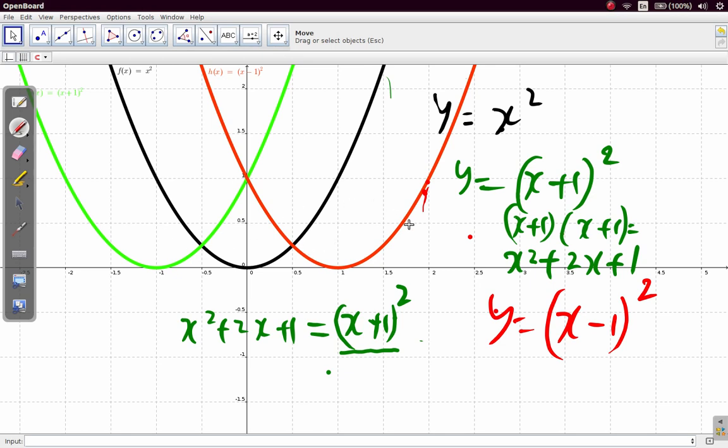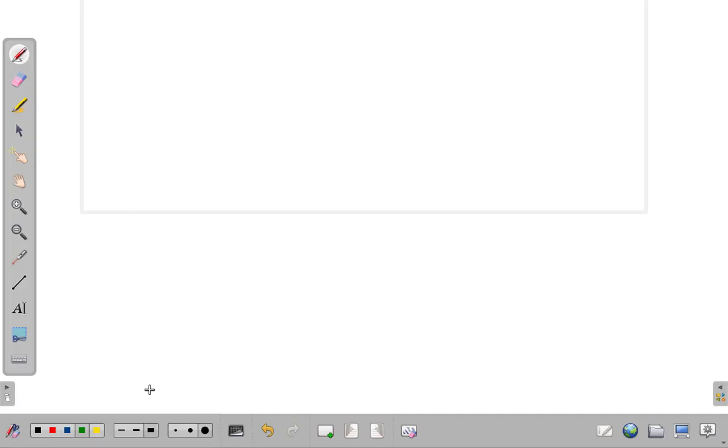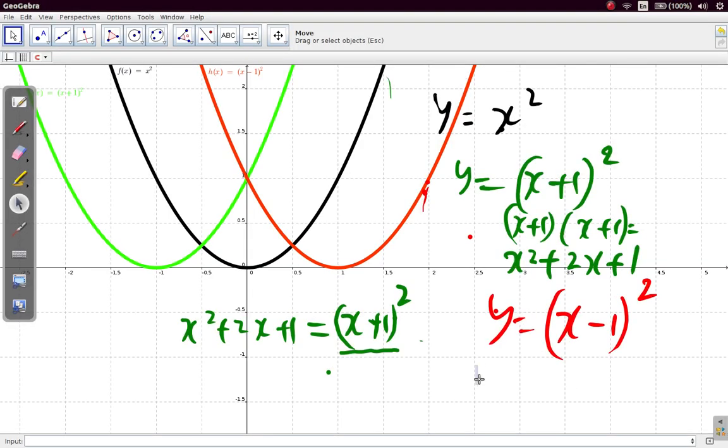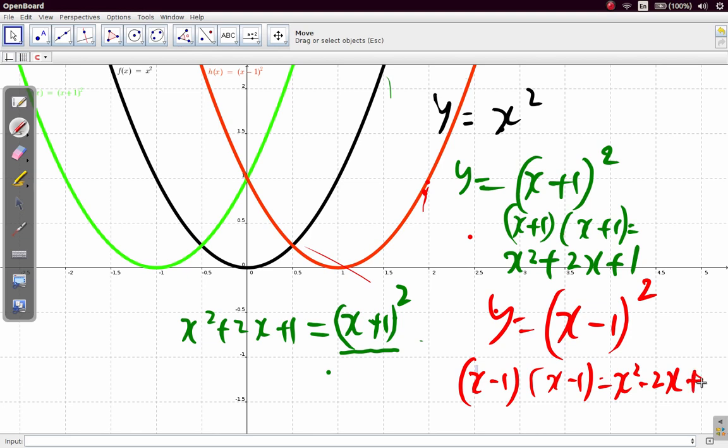Alright? Now, as for x minus 1 squared, let me change my ink to red and go back to it. X minus 1 squared is really x minus 1 times x minus 1, which is x squared minus 2x plus 1, right?